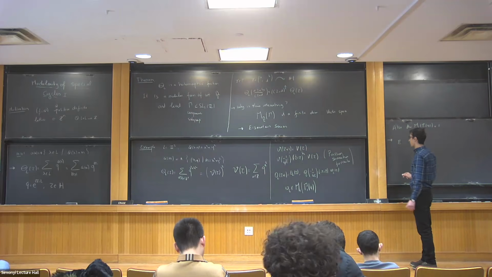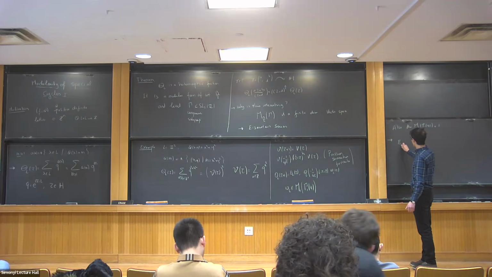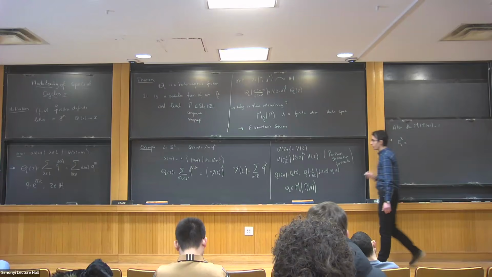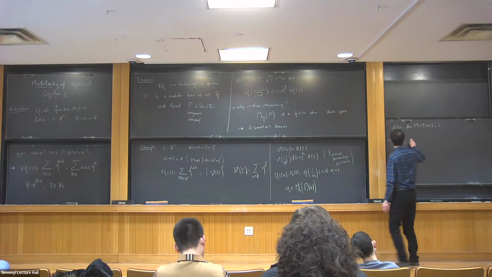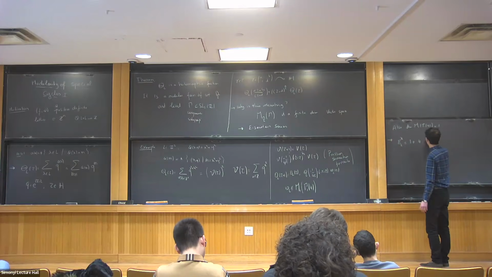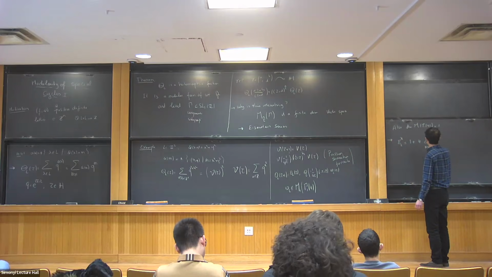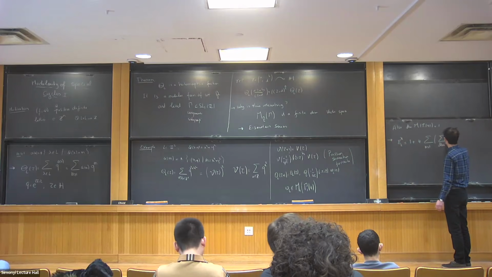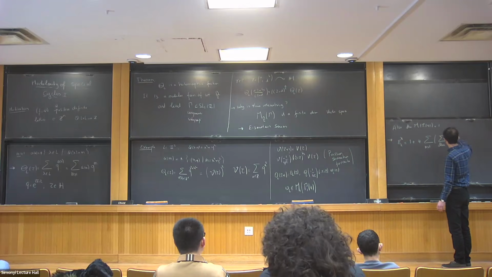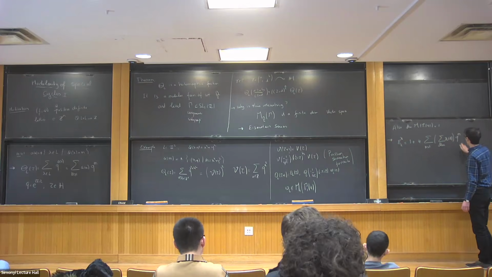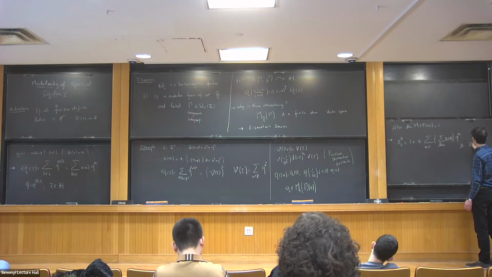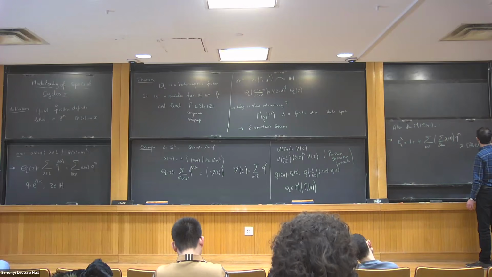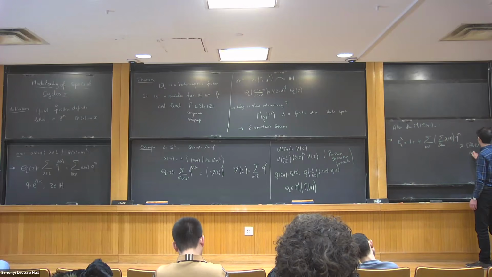The theory of Eisenstein series gives us another element, E_1 of chi, which is 1 plus 4 times the sum over n bigger than or equal to 1 of the sum over all divisors d of n of chi of d, q to the power n, where chi is the unique non-trivial character mod 4.